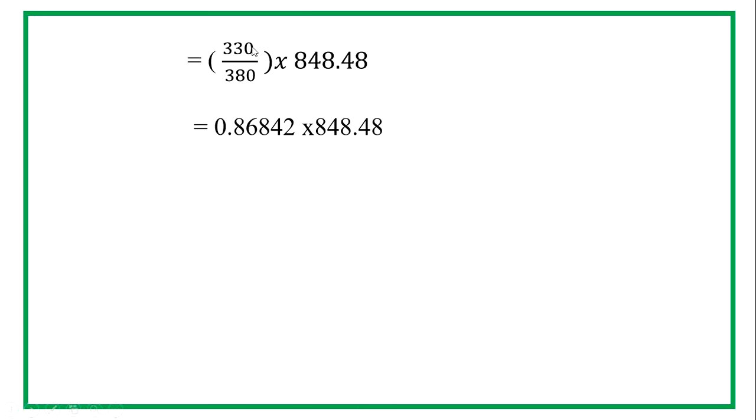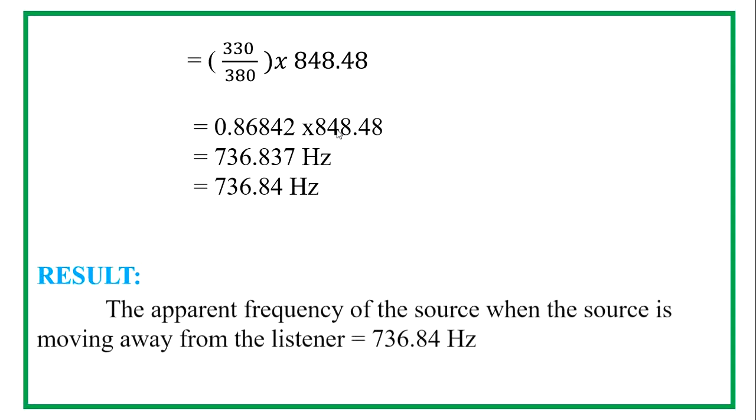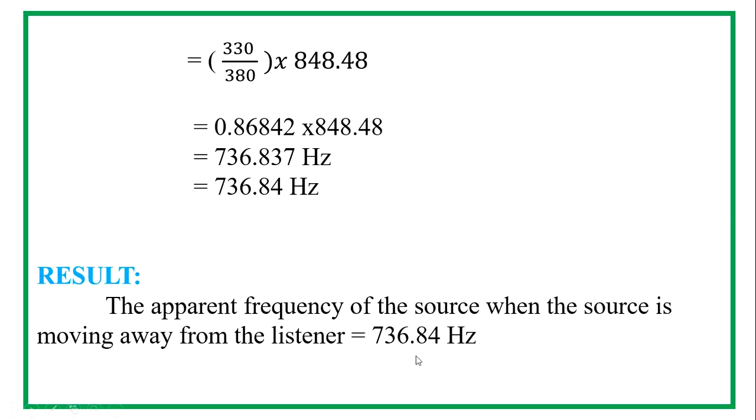Now when we divide 330 and 380 we get 0.86842 into 848.48. When we multiply these two values, we get 736.837 hertz. When we round this off we get 736.84 hertz. Result: the apparent frequency of the source when the source is moving away from the listener is 736.84 hertz.